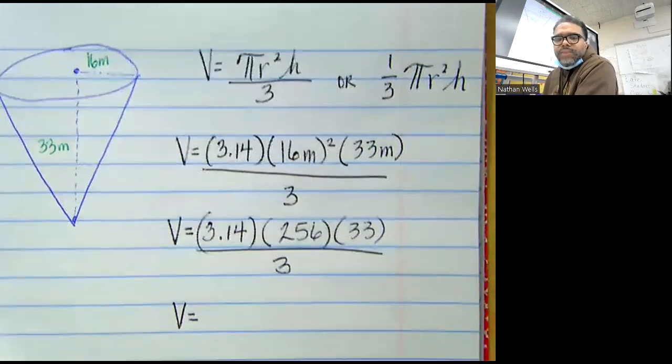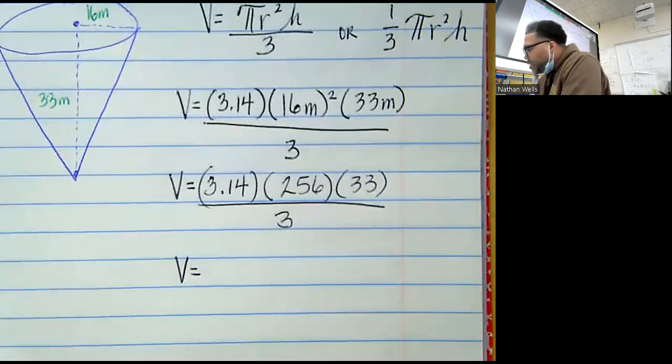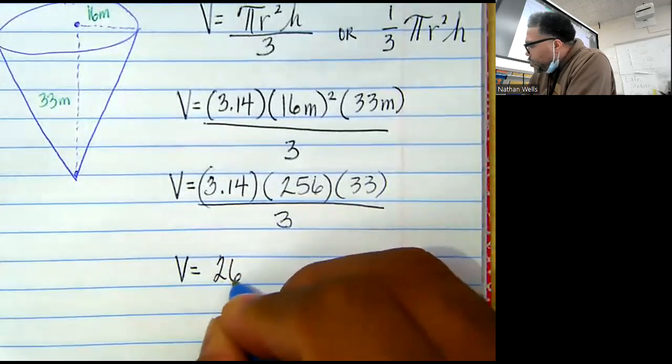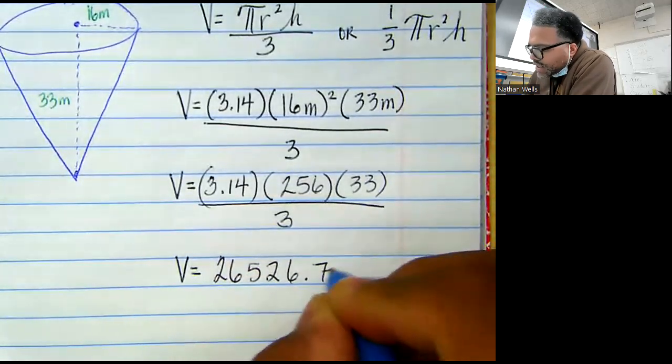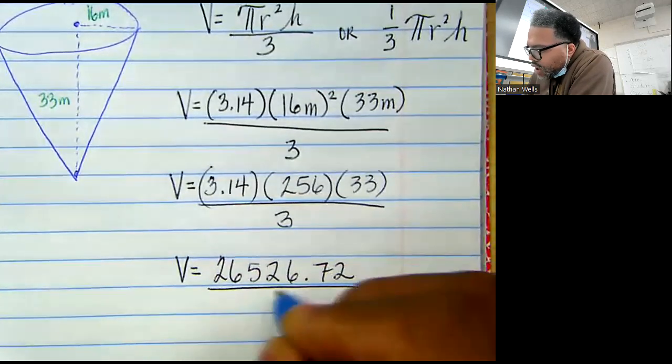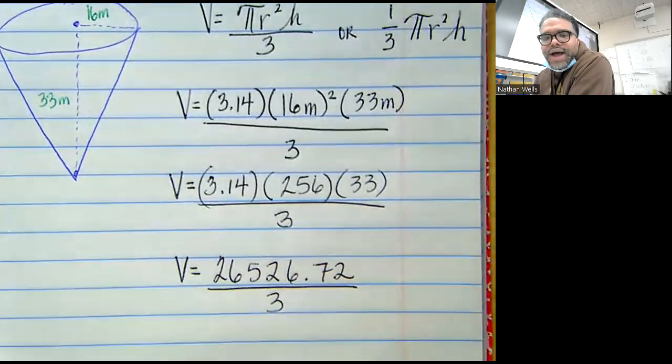Now I could just multiply straight across. 3.14 times 256 times 33 is 26,526 and 72/100, all divided by 3.